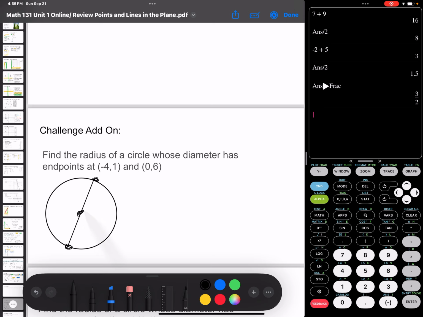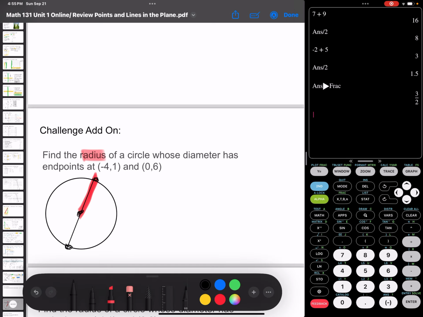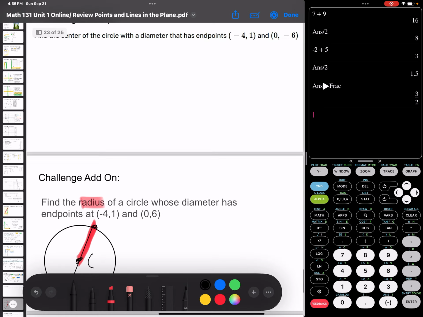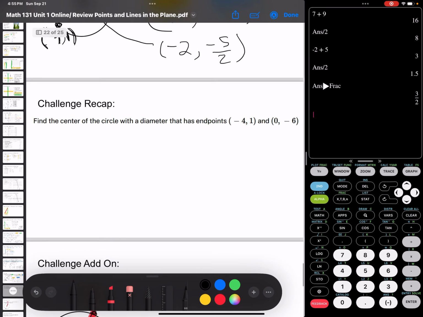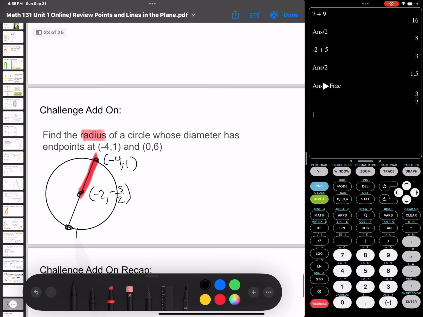The radius is the distance from the center to the outer edge. So if we know this midpoint, -2, -5/2, and we know both of these points, and we want to know that red distance, we can use the distance formula.